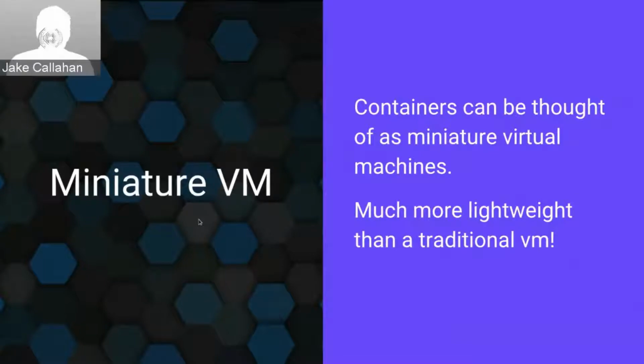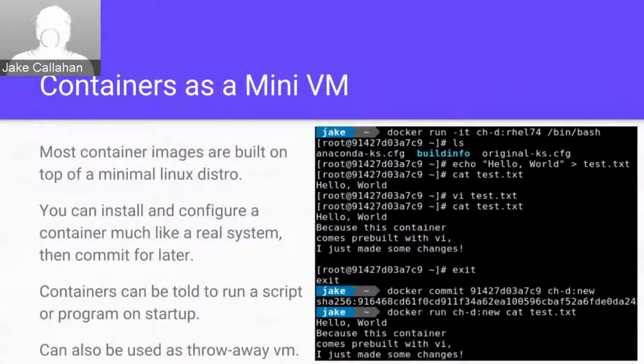All right, one of my favorite uses for containers. They can be used as or thought of as a miniature virtual machine. However, they're much more lightweight than a traditional VM. So, as I said before, most container images are built on top of a minimal Linux distro.